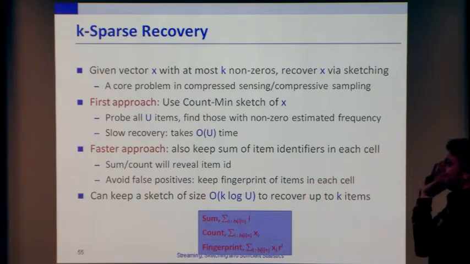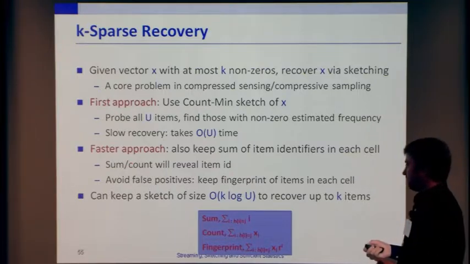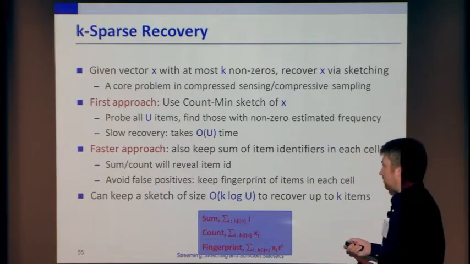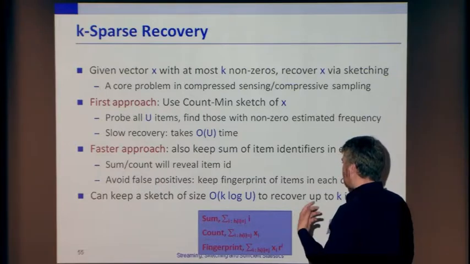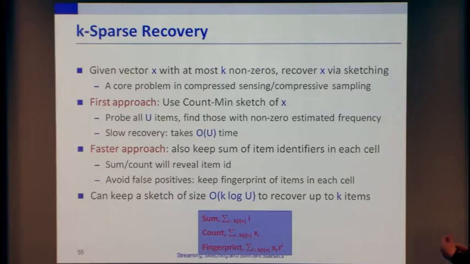Before, within the cell of a sketch, we kept information just about the total mass of elements colliding there. We'll keep that information about the mass, but we'll also keep what we call sum information, where we think of this as the sum of the item identifiers.